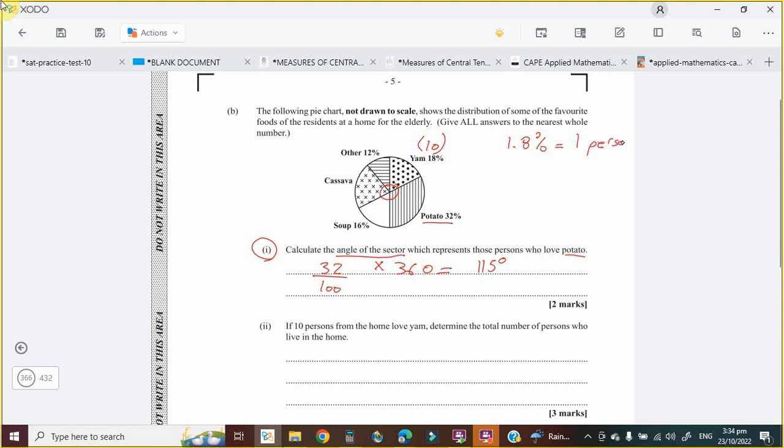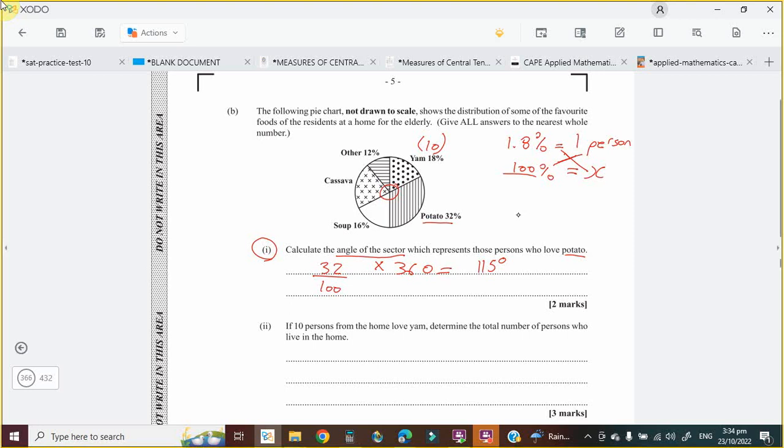They need to what? So 1.8% is one person. So I could just say 100% is X, then cross multiply, and that is 100. Yeah, it's the same thing. It's the same thing. We don't cross multiply.